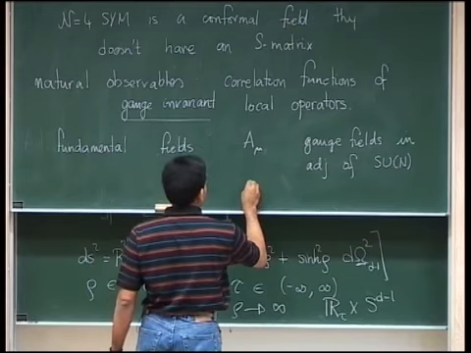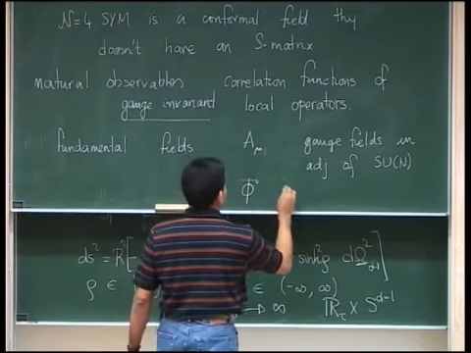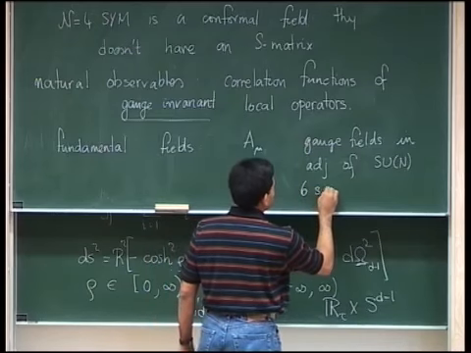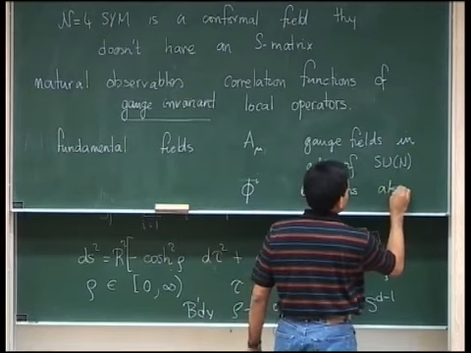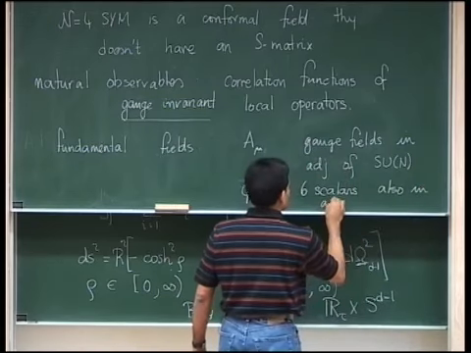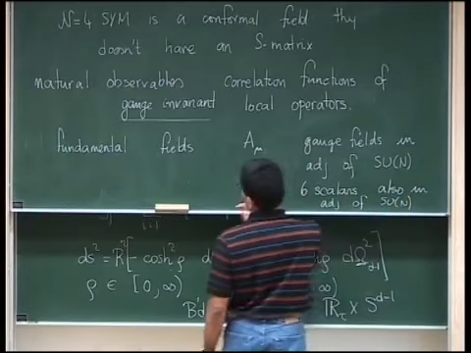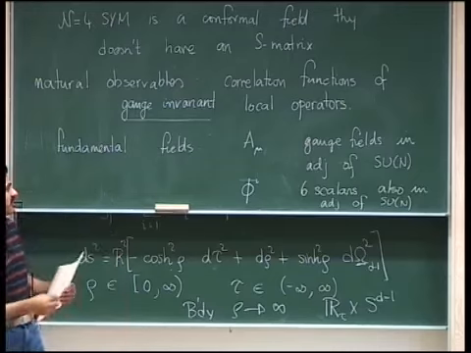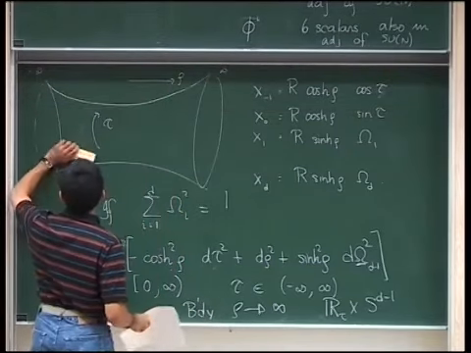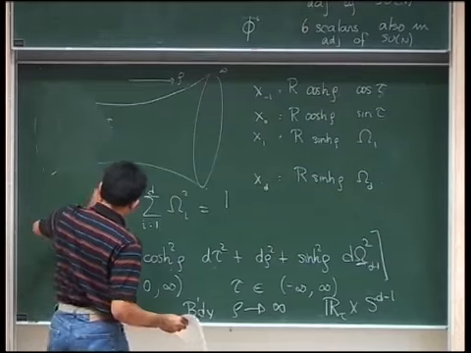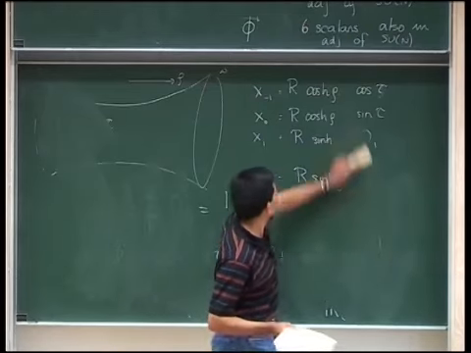There are scalars, there are 6 scalars where the I runs from 1 to 6, also in the adjoint of SU(N), and you have seen the bosonic Lagrangian of this theory in Kostya's lecture from a couple of days ago. And there are fermions, but I won't write out what the fermionic content of this theory is.